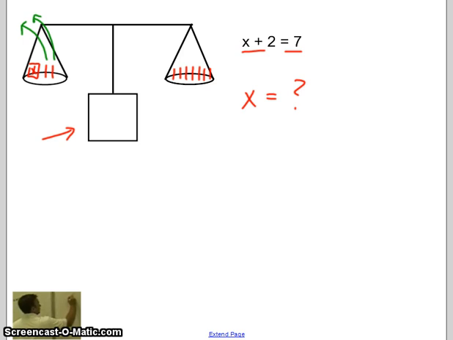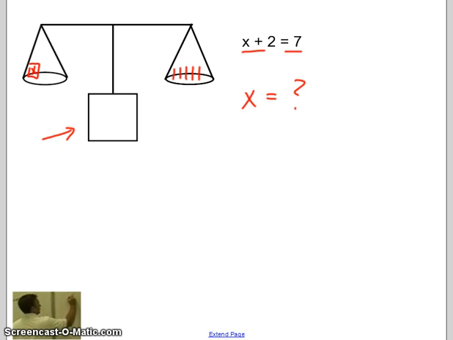If I just pull them out, erase them, and on your paper you could just cross them out, I'm left with x on this side. But what happens to our scale is this side is going to get pulled down because it's going to be heavier. So since I erased 2 dots on the left side, I'm going to erase 2 dashes on the other side. That way our scale is balanced.